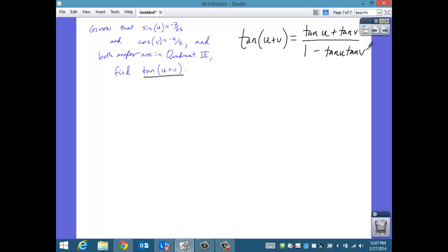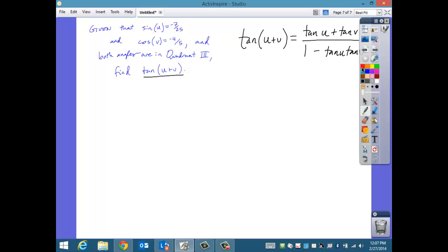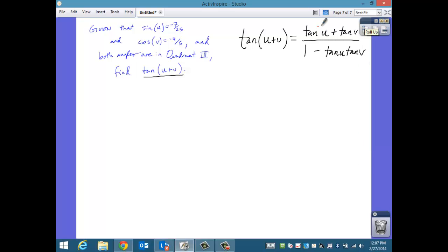Okay, so if we know what the tangent of u is, and we know what the tangent of v is, then we're going to be able to plug it in, and we'll be able to evaluate all that.